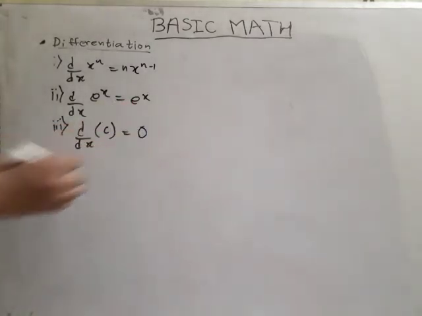It is 0, since a constant doesn't change. If time changes, the constant will remain the same. So c minus c is always 0.